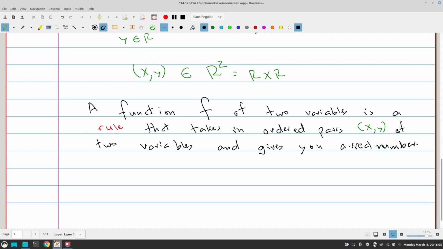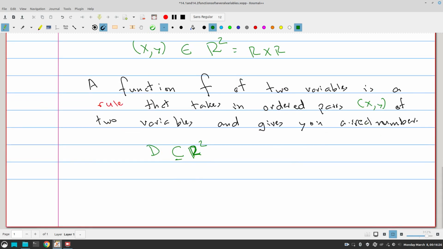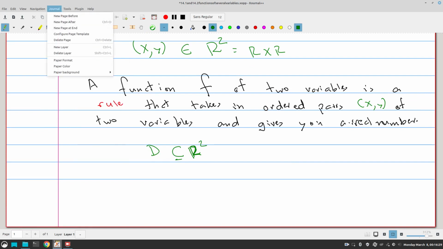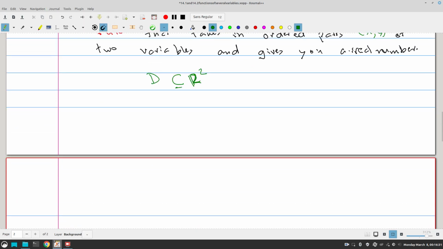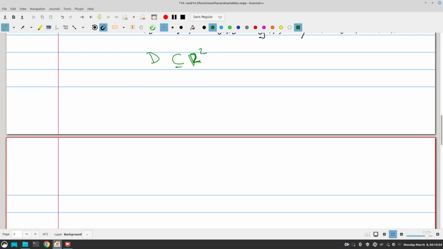So the domain of f is a subset of R2. Now, for all you know, it might be R2 itself, but it is always a subset of R2. So what f does is it takes you from D to R, of course from its domain to the set of reals.